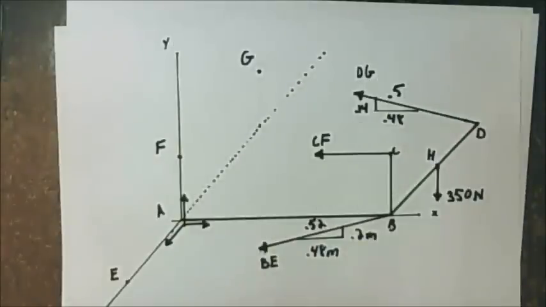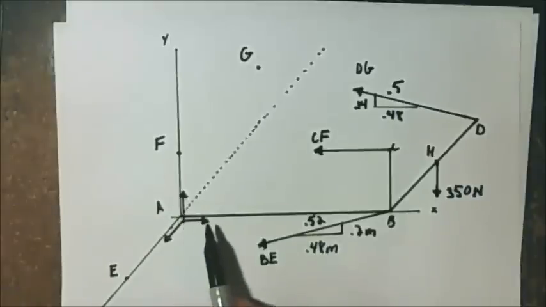Okay, so what we want to do here is take the moment about an axis, and generally you pick one that will eliminate unknown quantities so that you can find certain quantities. If we take the moment about the x-axis, this cable BE, the force of that intersects x and therefore will not create a moment.